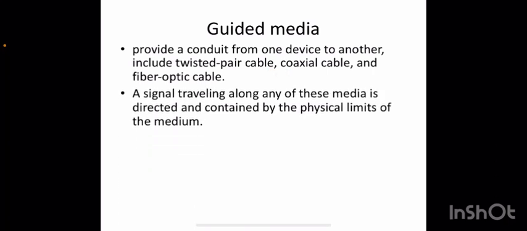A signal traveling along any of these media is directed by the media. Depending on the shape of the cable, length of the cable, or the physical organization of the cable, the signal is always passing through this cable, so it is definitely directed by the cable. And it is contained by the physical limits of the medium.